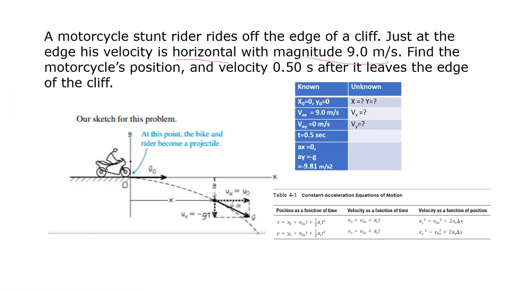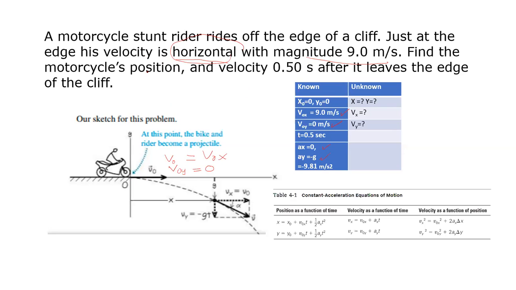V naught is given, and V naught should be equal to V0x, and V0y is 0. Same explanation, because it's given that it is going horizontal with magnitude 9. Those are the given things I can write in my table, and you can always write those.